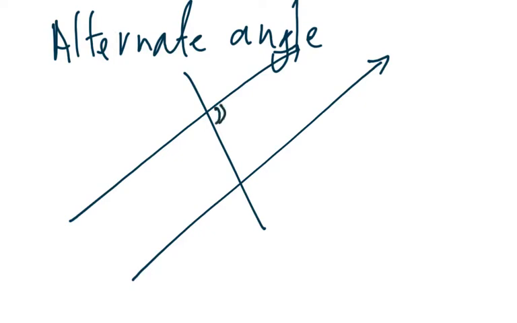This angle here would be said to be alternate to that angle there, and that angle there would be said to be alternate to that angle there. And alternate angles are equal.